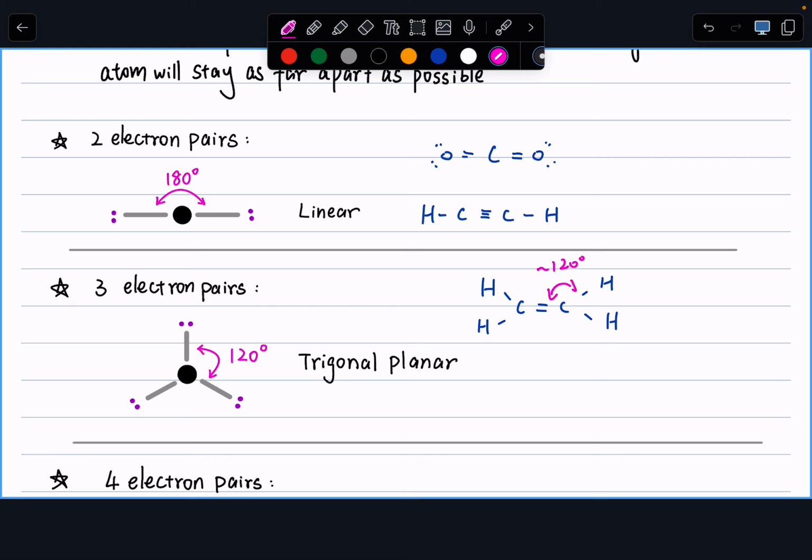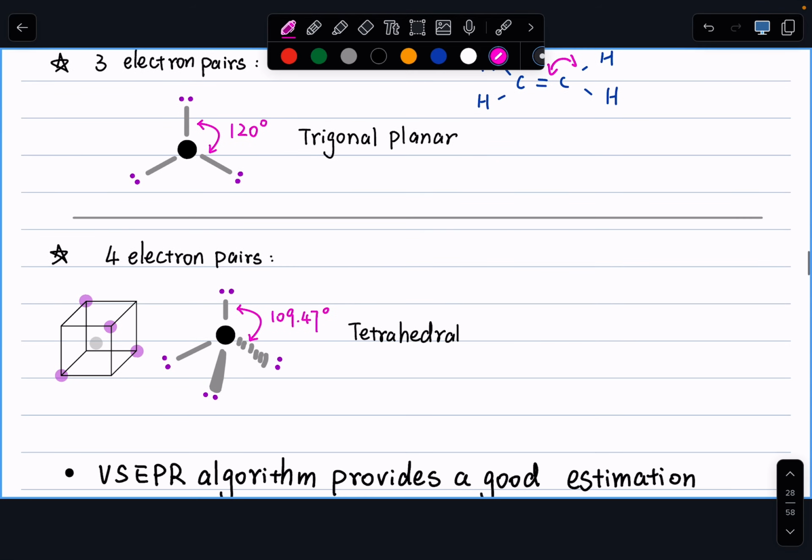Right. And when we look at 4 electron pairs, again, they want to be as far away from each other as possible. So we're looking at a little bit more topology. If you imagine a cube, the farthest points on the cube from the center form this tetrahedral geometry.